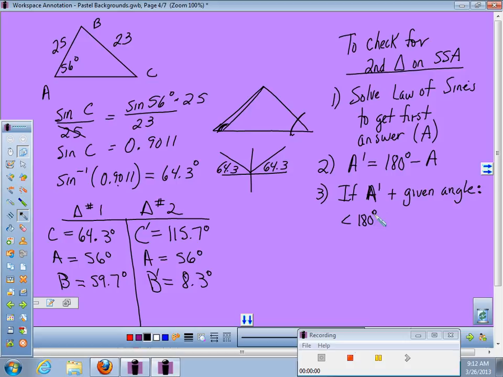Does the second triangle exist or not? When we added 115.7 and 56, if it comes out less than 180, is your second triangle good or bad? Good. If it comes out less than 180, then the second triangle exists. If it comes out more than 180, the second triangle does not exist.